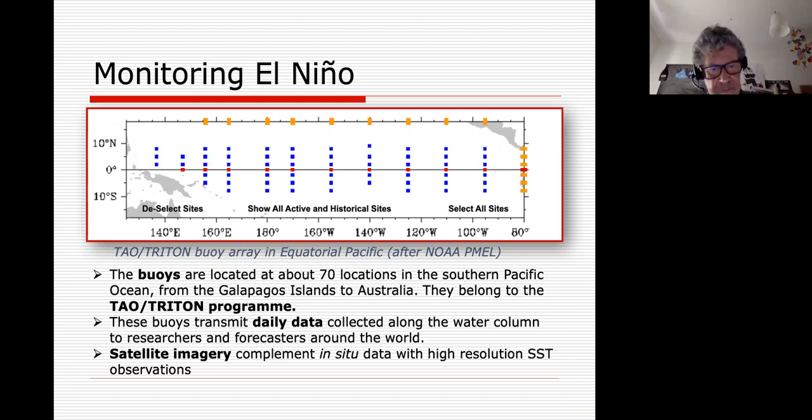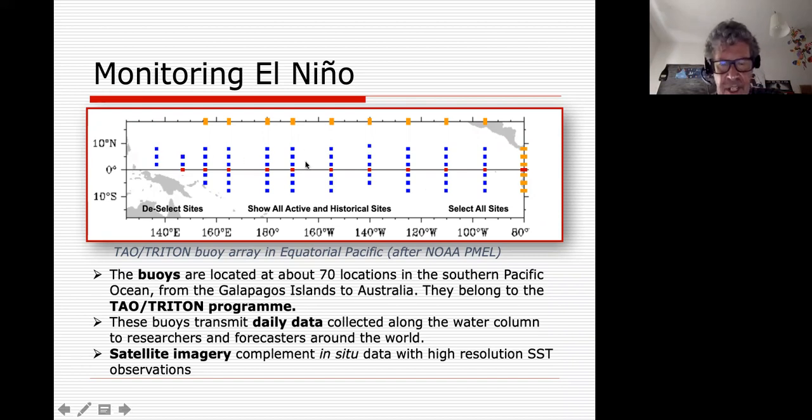There is an effort supported largely by the US, called the TAO/TRITON program, which has the ambition to keep monitored a huge number of stations or sites along the equatorial Pacific.